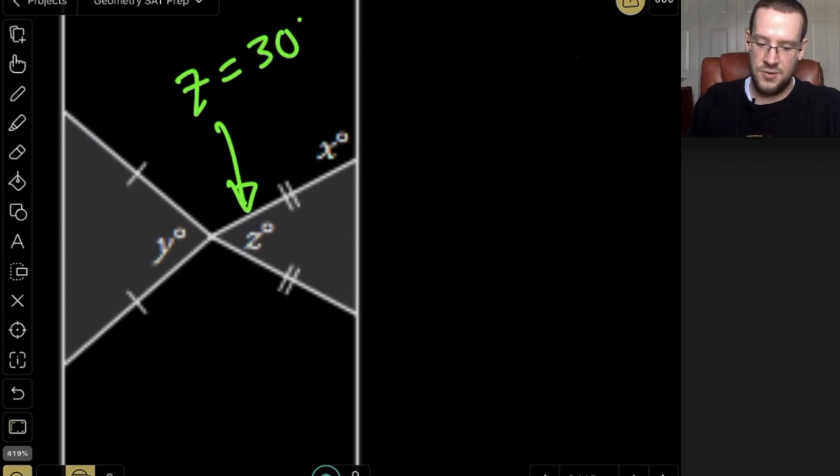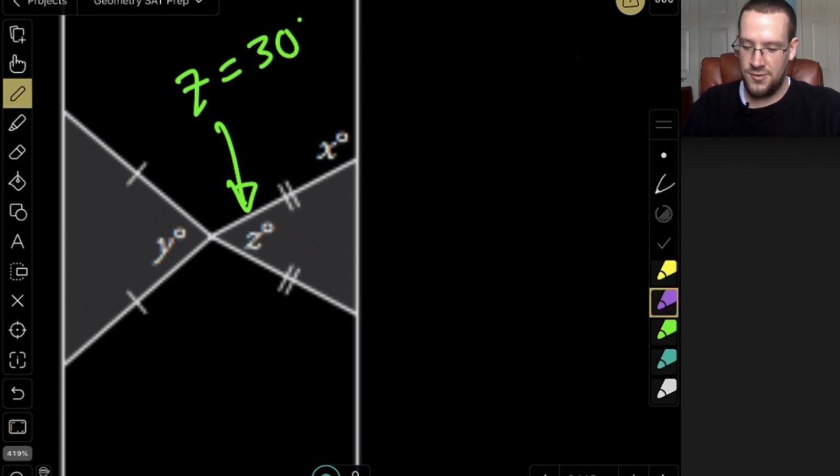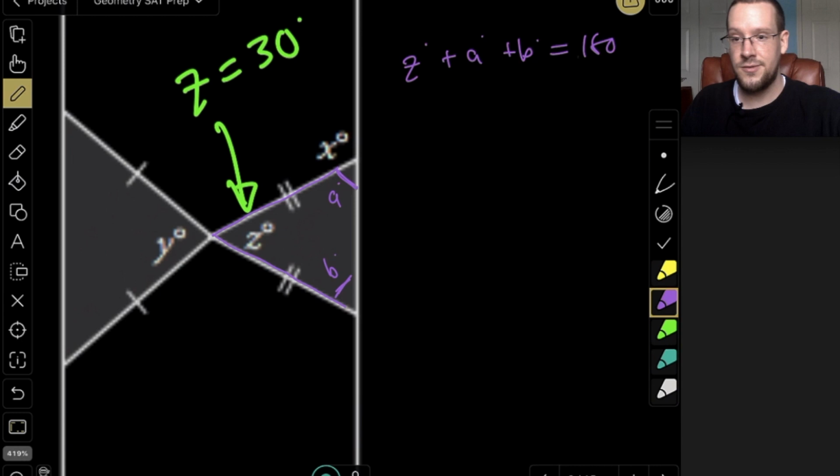So I know that isosceles triangles have 2 congruent sides and 2 congruent base angles. I'm going to call these angle A and angle B. So I know that angle Z plus angle A plus angle B is equal to 180 degrees, right? We know that Z is 30, but these two are the same.